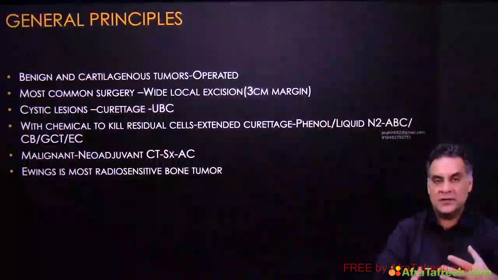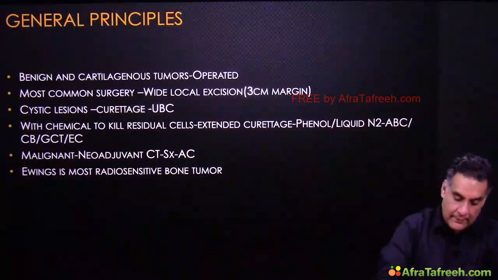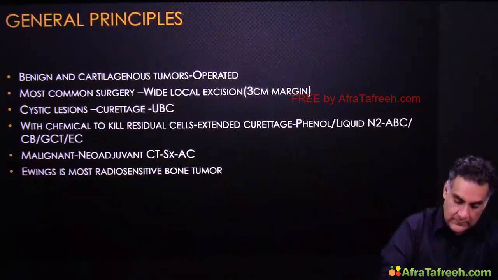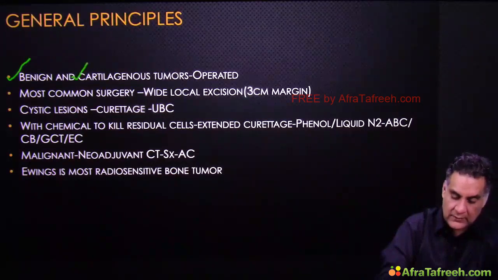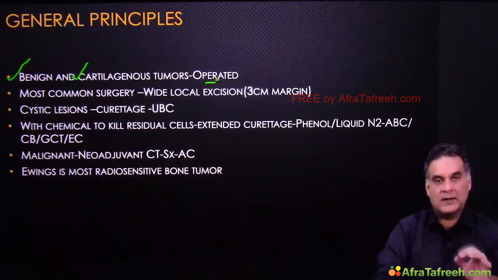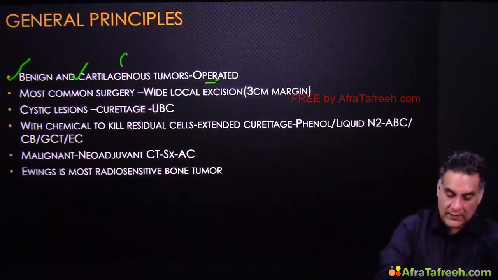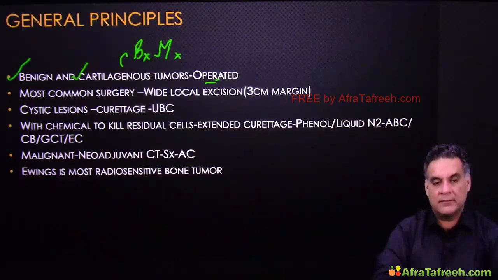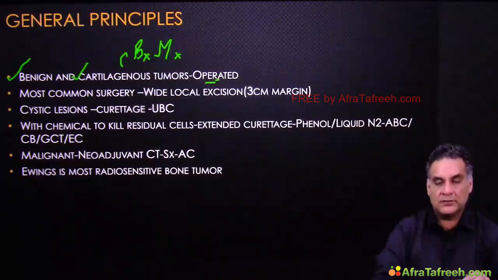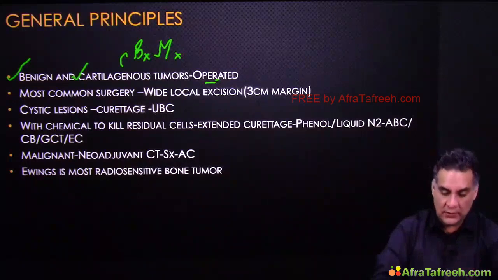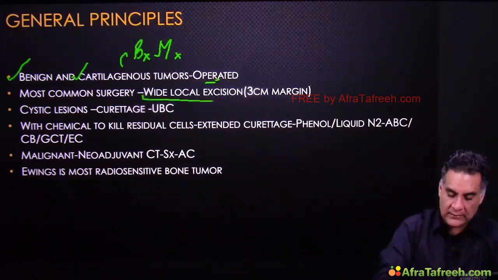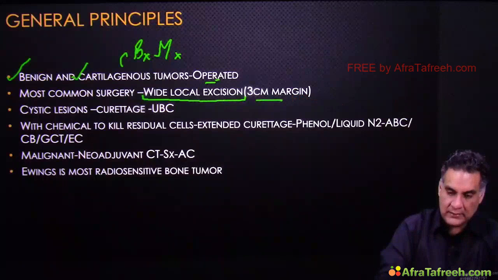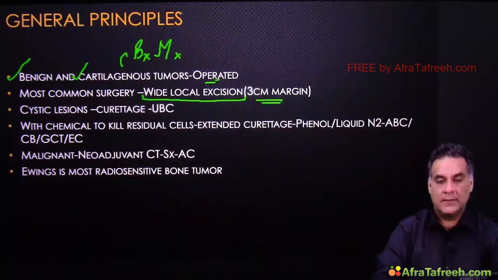Let's talk about the general principles. Benign tumors, operated. Cartilaginous tumors, operated. So cartilaginous tumor, whether it's benign or it's malignant, it will be operated. Whereas most common surgery overall is wide local excision with 3 centimeter margin.